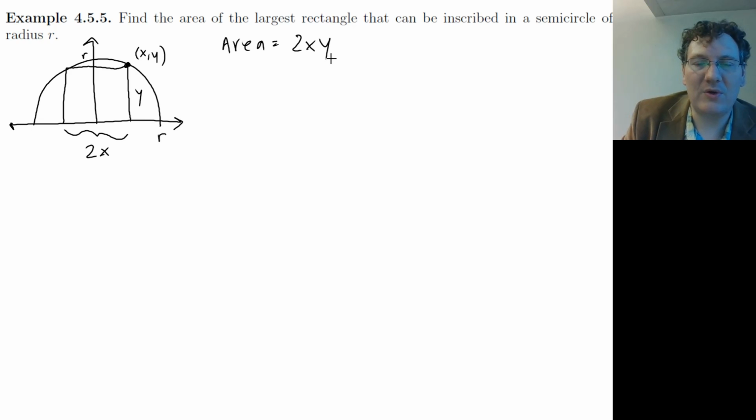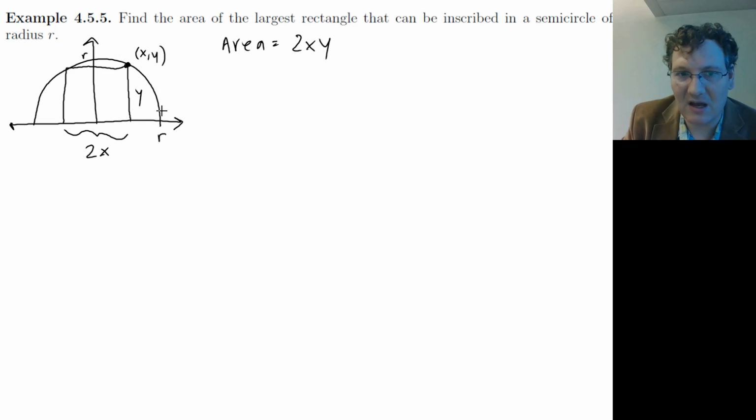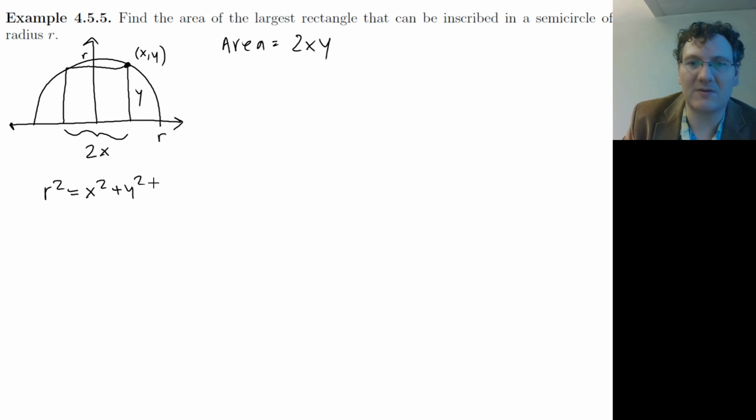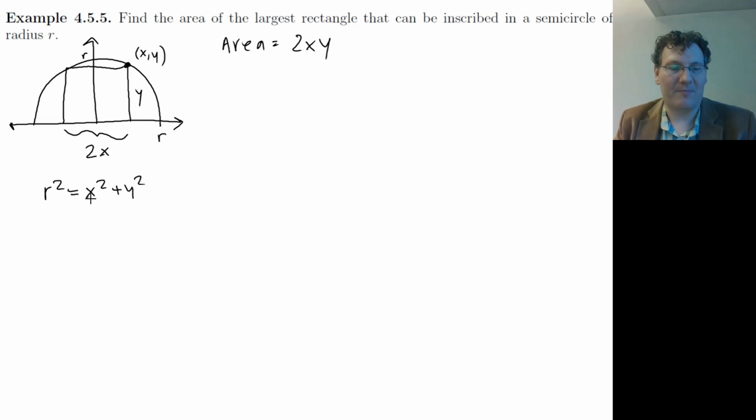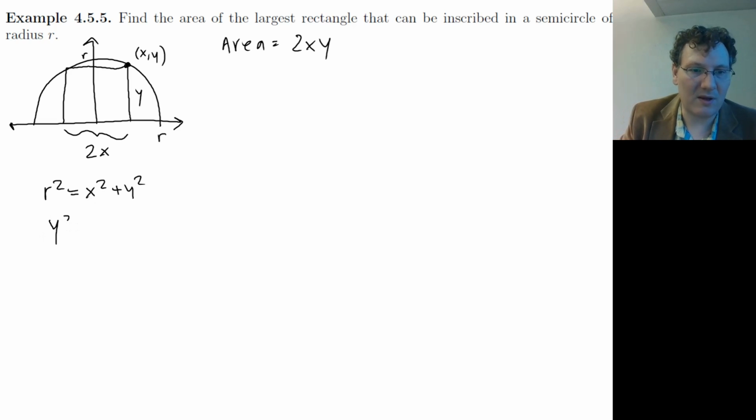Now, we do have a relationship between the two, because this point is on the curve. The circle is r squared equals x squared plus y squared. That's the full circle. Let me solve it for y squared: y squared is r squared minus x squared.